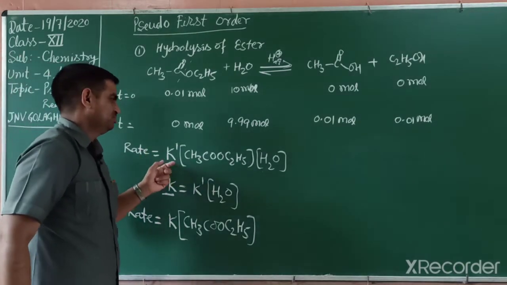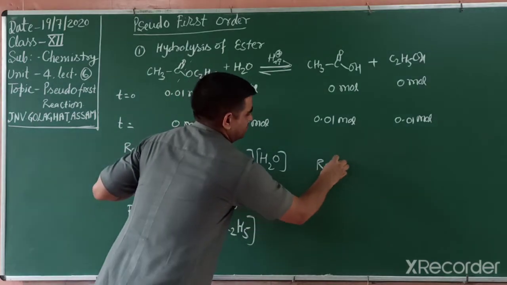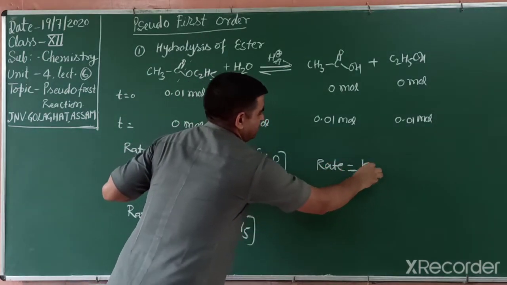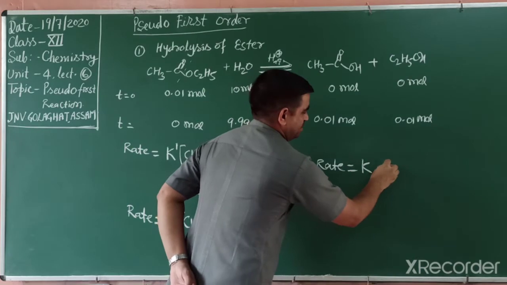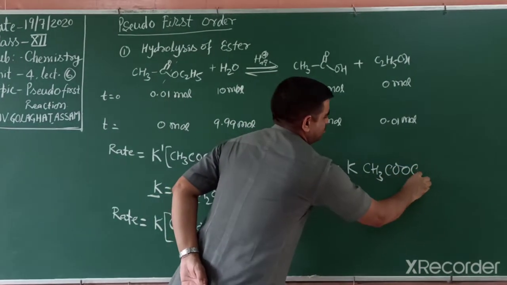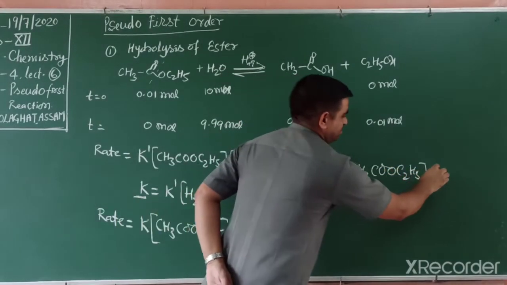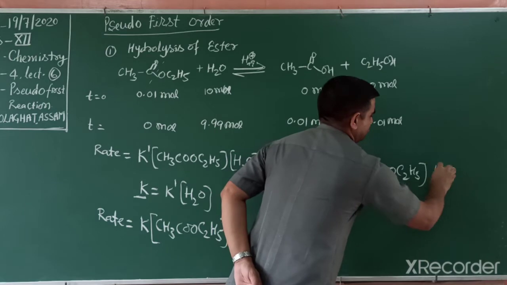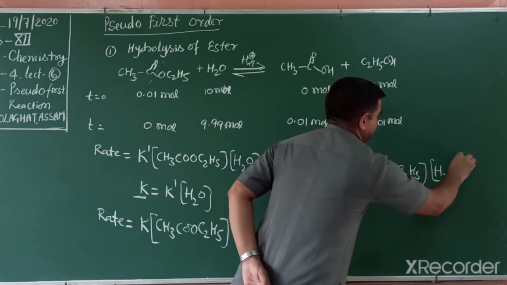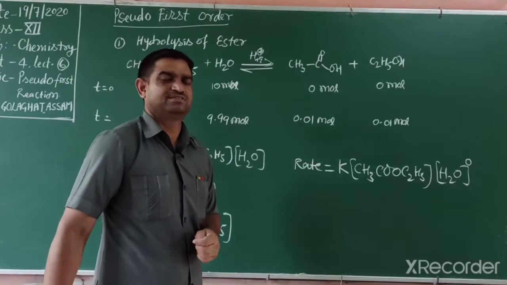In some books, this rate law we write in this way: rate is equal to K concentration of ester CH3COOC2H5 power 1 and concentration of water power 0, because one reagent is in excess.